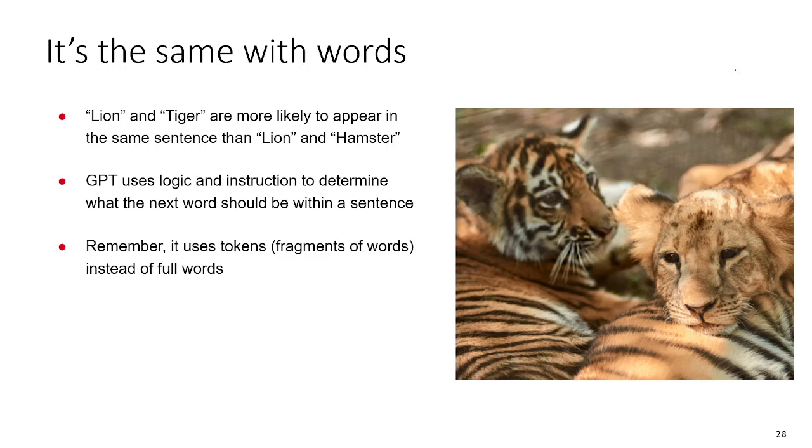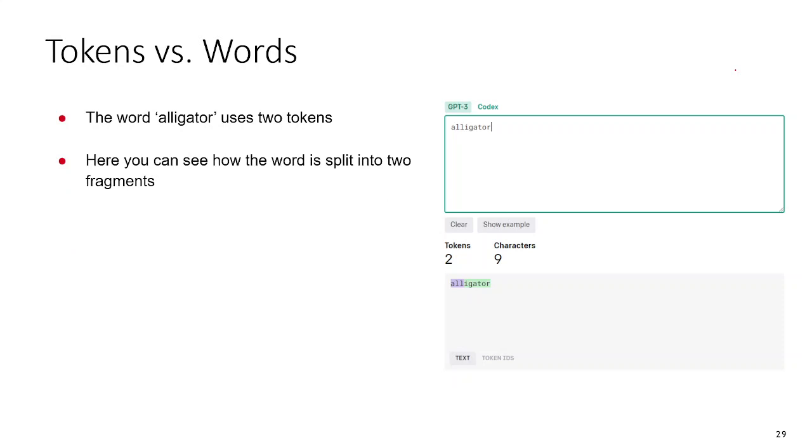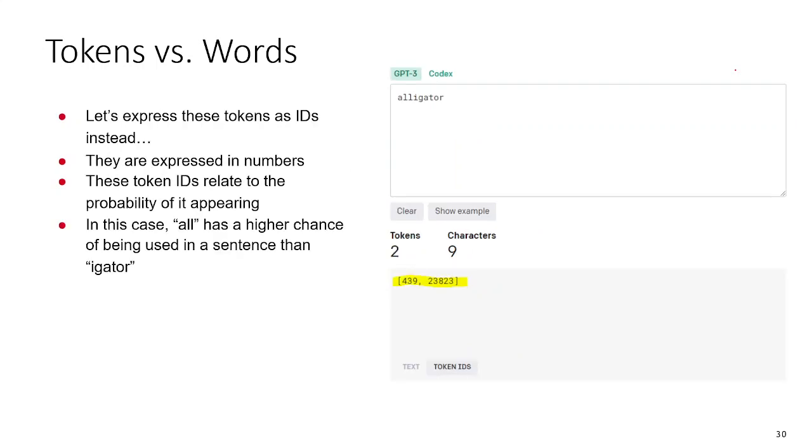So it becomes very, very important the kind of words which we use in the instructions, right? Again, this is an example that the word alligator comprises 2 tokens. So it is not just a single token, it comprises 2 tokens, though the word is the same.